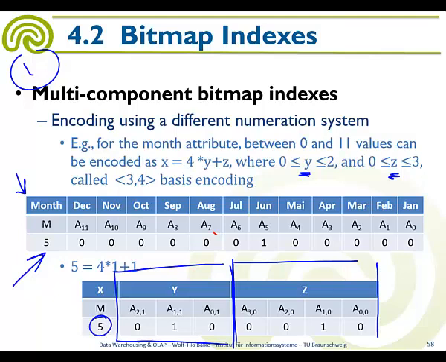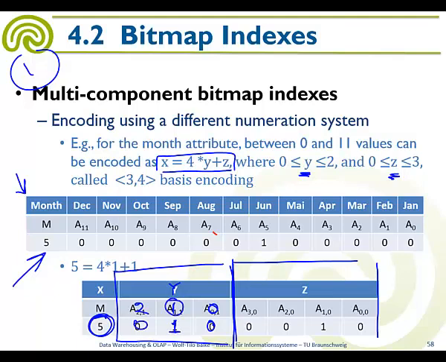Well, for month 5, so for June, you follow the mathematical function that you have here, and you say this is the y bitmap vector, and to get the 5th month it's basically in the first cell.